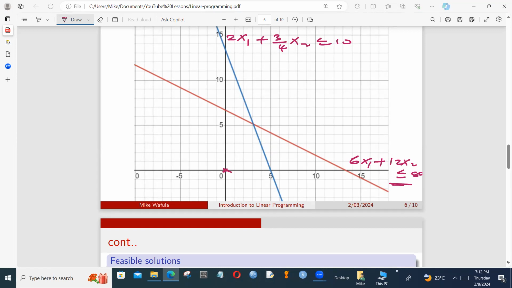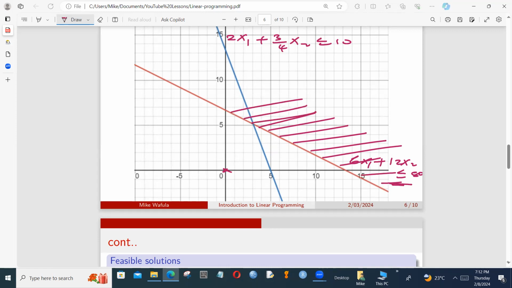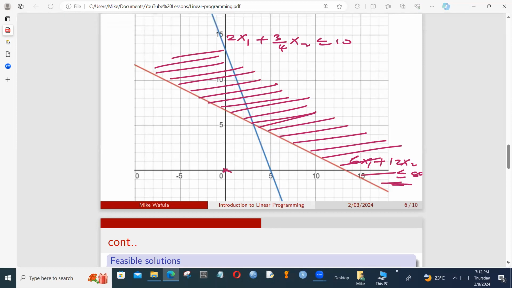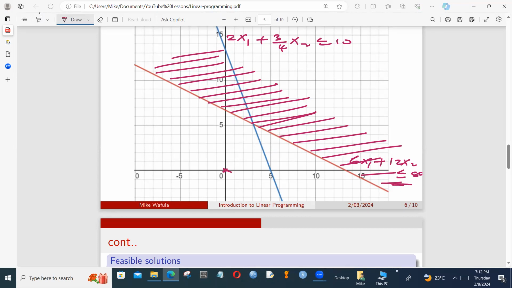And therefore, points above the line will now be treated like they are actually unwanted because they do not fulfill the inequality, so we shade them out. Then we go to the second line that we have also plotted, 2x1 plus 3/4x2 less than or equal to 10.